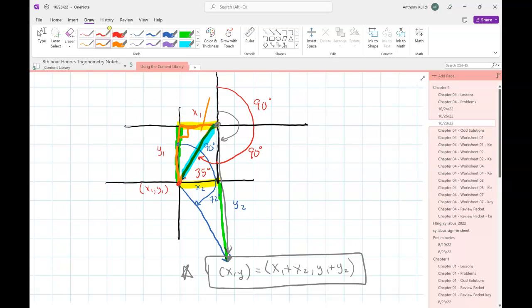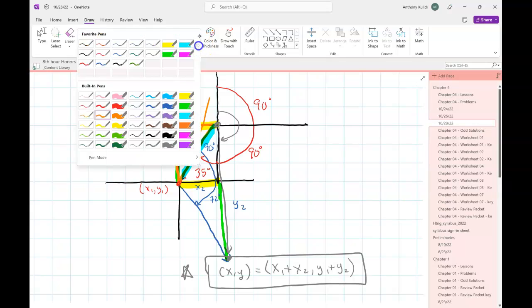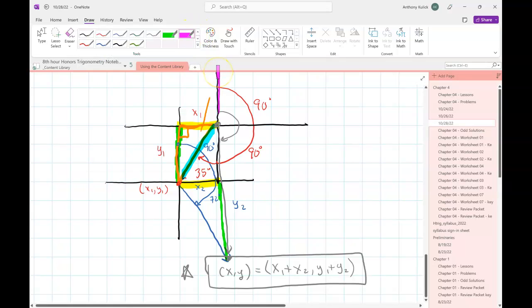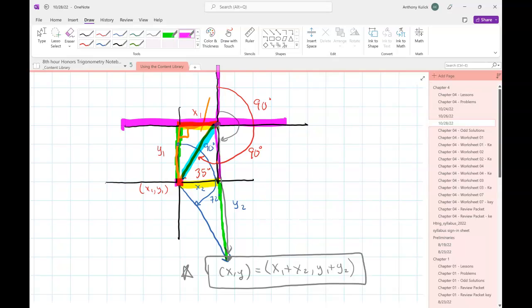What's the one hang up here? x1 and y1 are a point. What quadrant is that point in? Here's the XY axis. Here's x1, y1. What quadrant is that in?